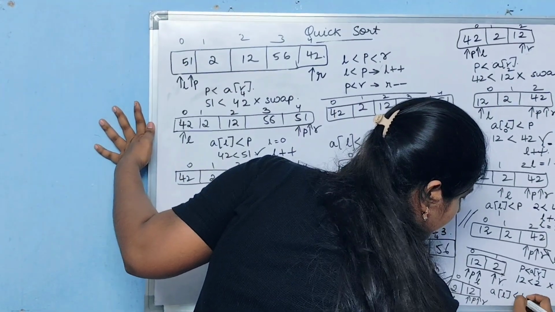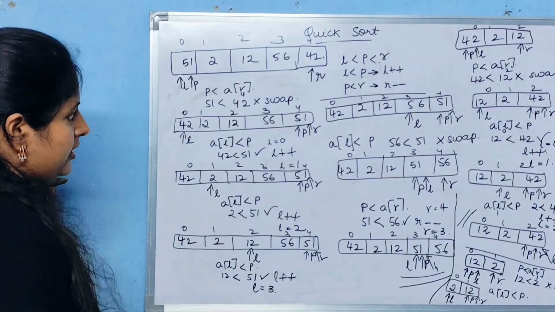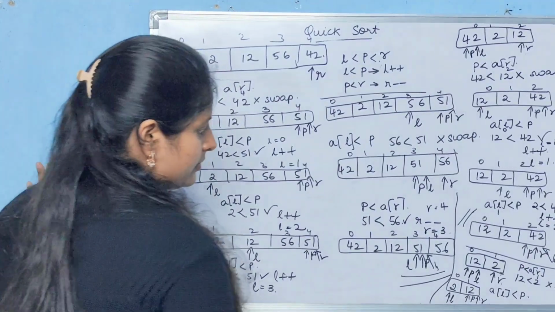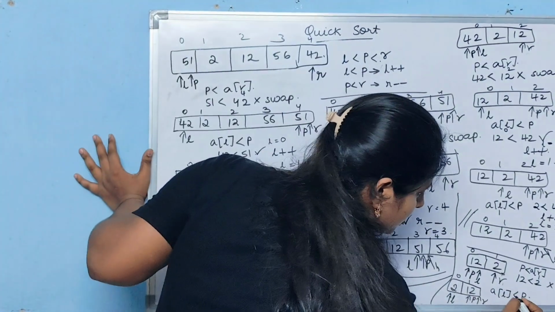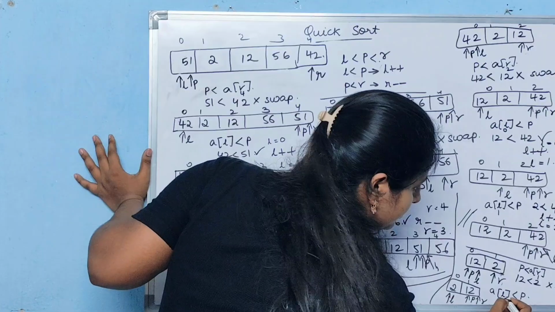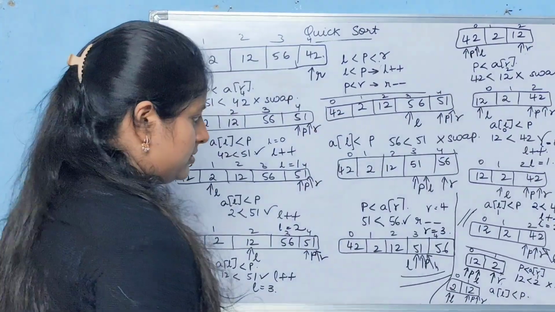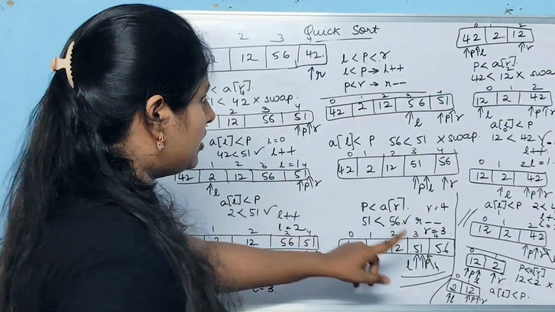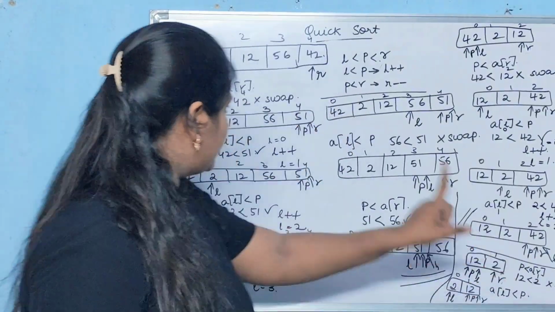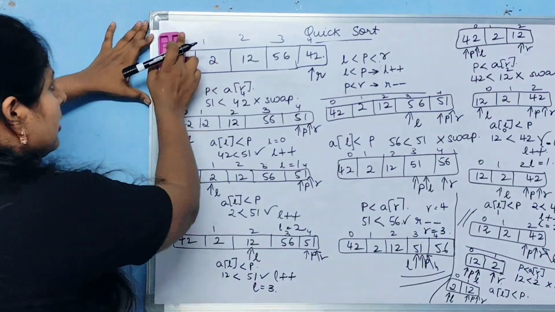A of L should be less than pivot. Okay. So what is A of left right now? So for space constraint, I'll be continuing here.